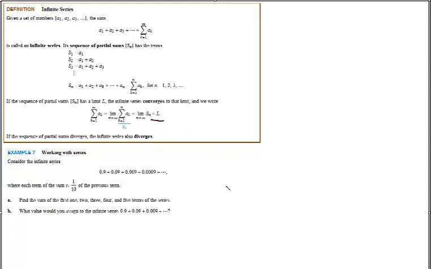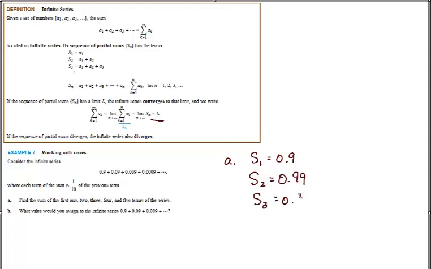So for the A question, we're supposed to look at this series of numbers and find the sum of the first one. So I'm just going to say the sum of the first one is just 0.9. The sum of the first two is the 0.9 plus the 0.09, sorry. So that would be 0.99.